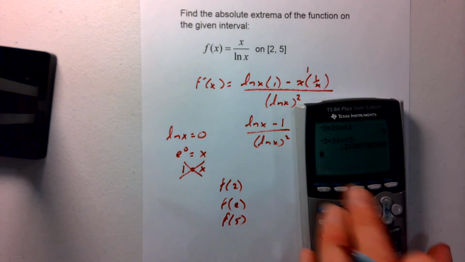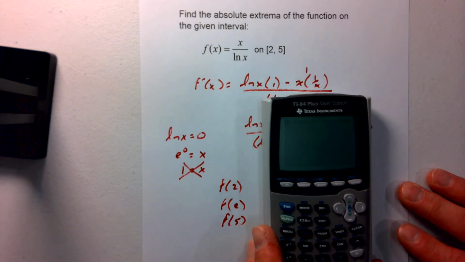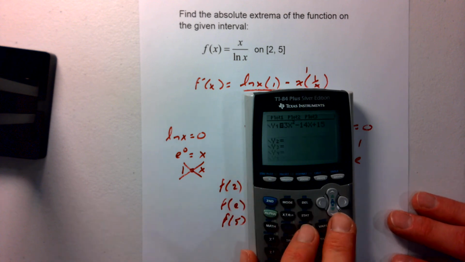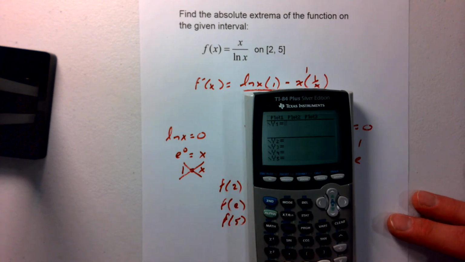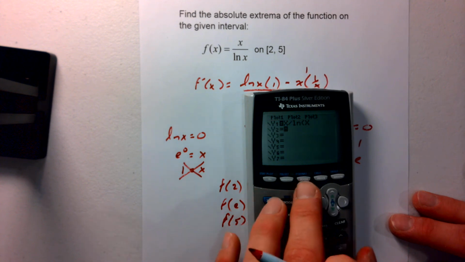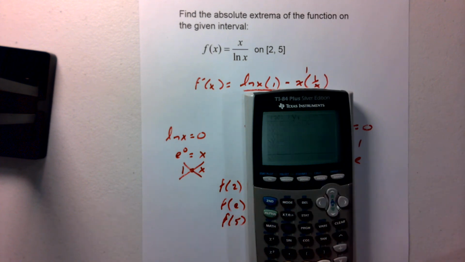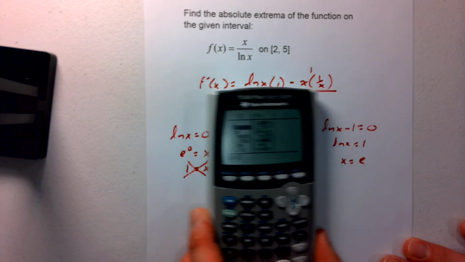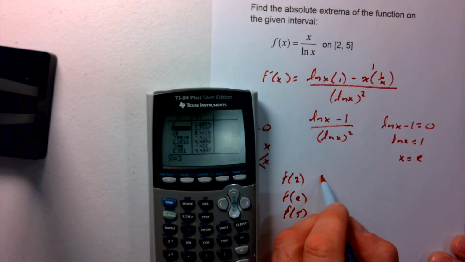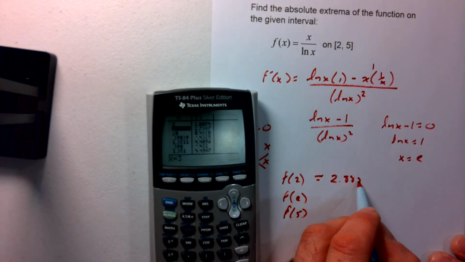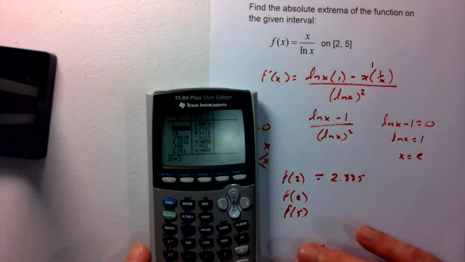So in our calculator, I'm going to go ahead and put this function into my y equals. So I'm going to have x divided by the natural log of x. And I'm going to go ahead and do a table. So second table. And I've got mine already on ask, so I can go ahead and plug in these numbers. So I can plug in my 2, and I get 2.885. I can go ahead and plug in e.